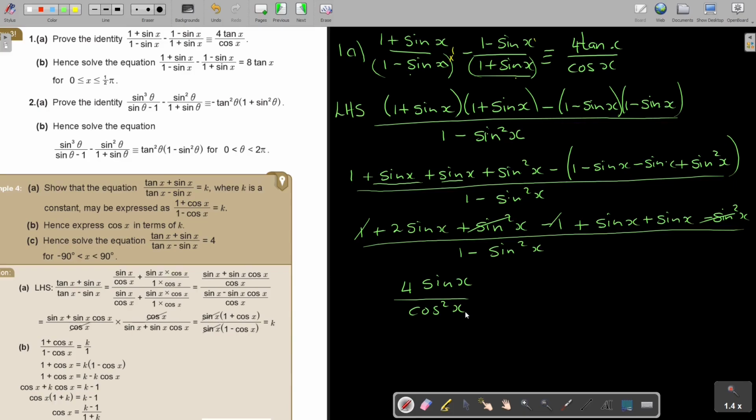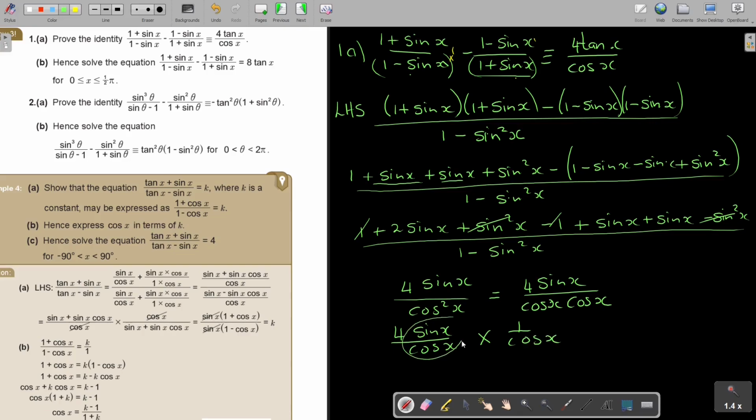Okay, and now I'm going to break it up. I just want to show you, this is actually standing for 4 sin x, and I can say this as cos x and another cos x. So it's actually going to be 4 sin x over cos x, multiplied by 1 over cos x.